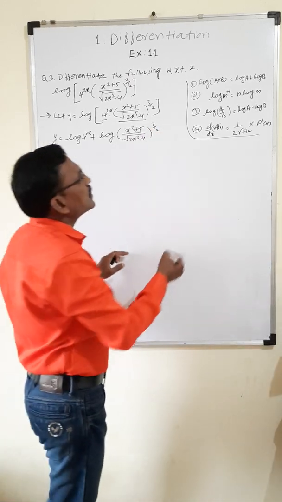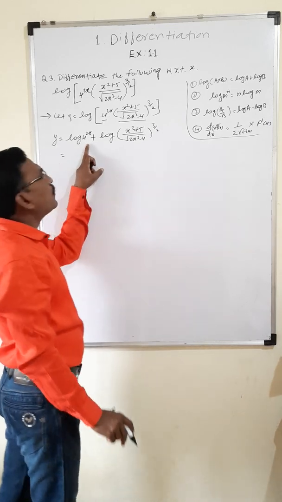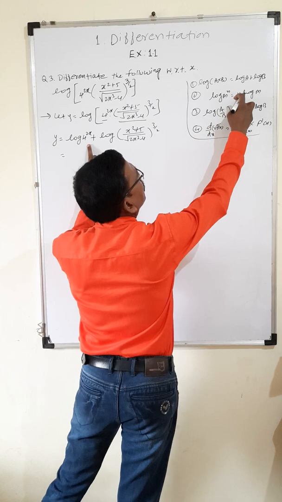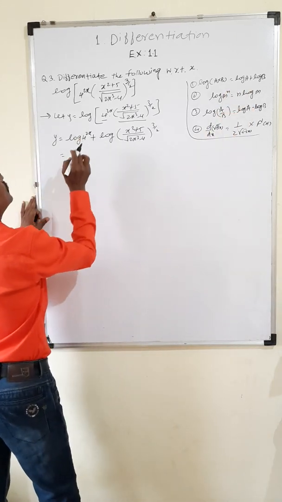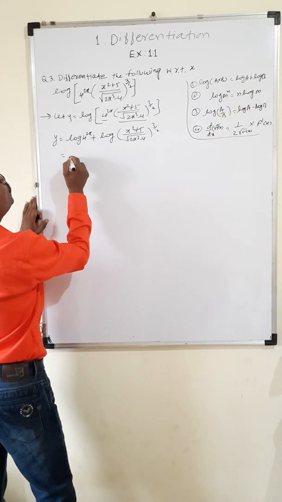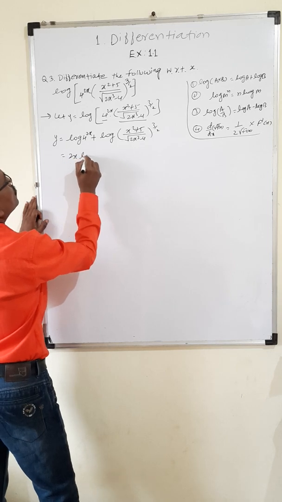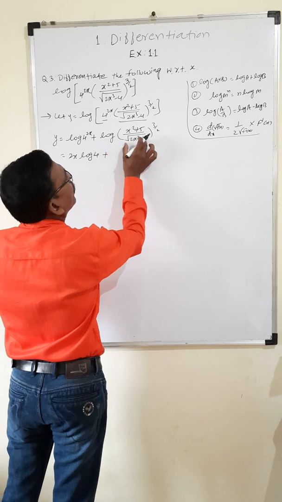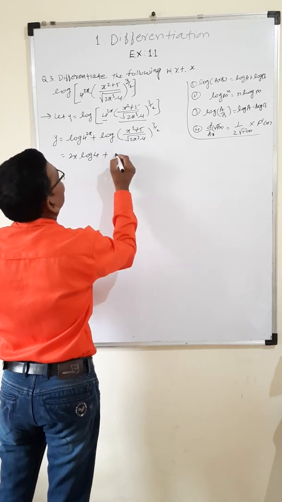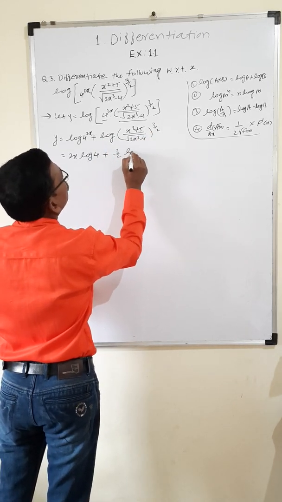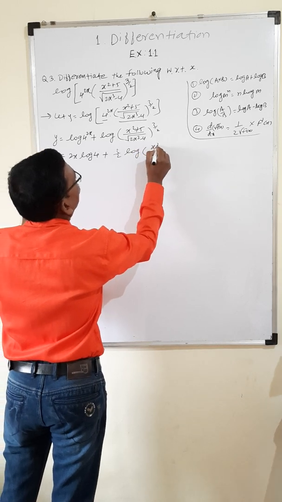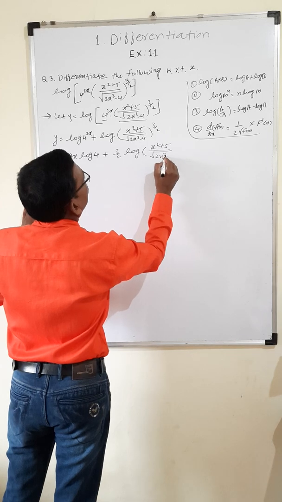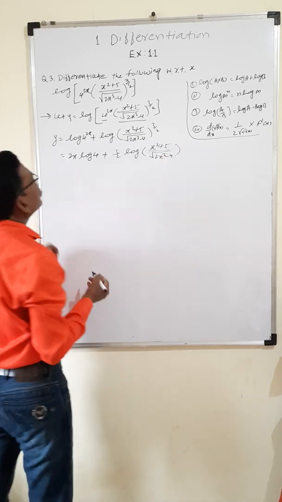Again we use the second rule, log of m raised to n gives n into log m. So it is 2x into log 4 plus, again using log of m raised to n, 3 by 2 into log of x square plus 5 divided by root of 2x cube minus 4.